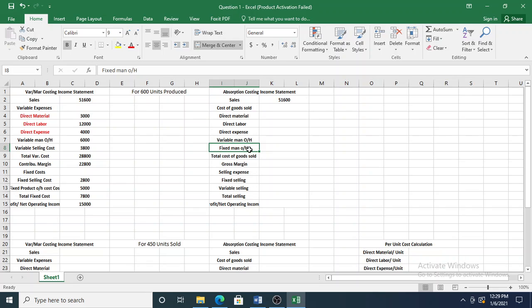Mind you, when we added fixed manufacturing overhead in marginal costing, we added it down here. But here we're going to add it up here as a cost of goods sold. So the direct material is 3,000, direct labor is 12,000, direct expenses 4,000, variable manufacturing overhead is 6,000. The fixed manufacturing overhead is 5,000.